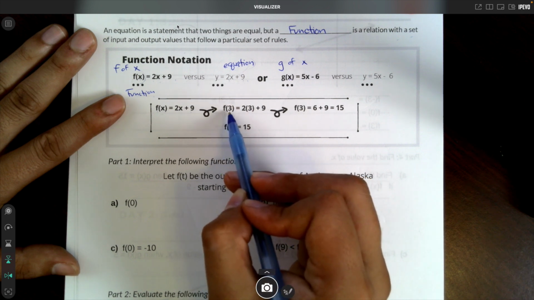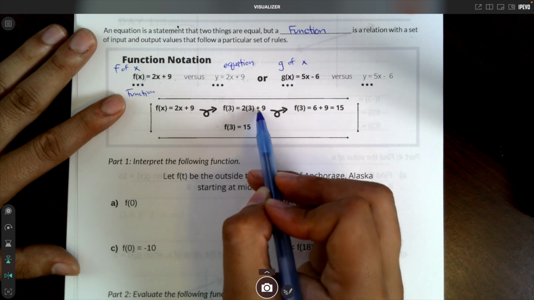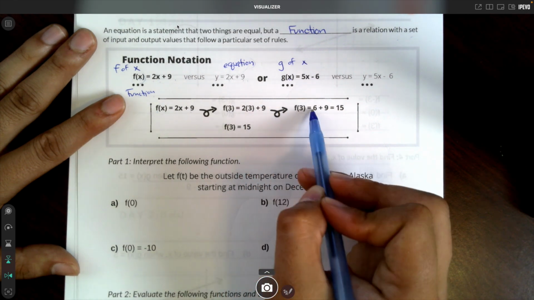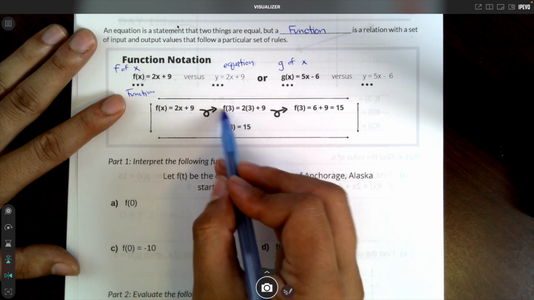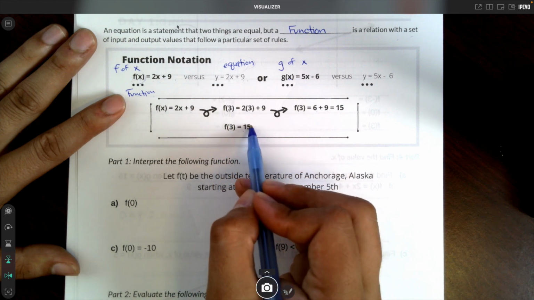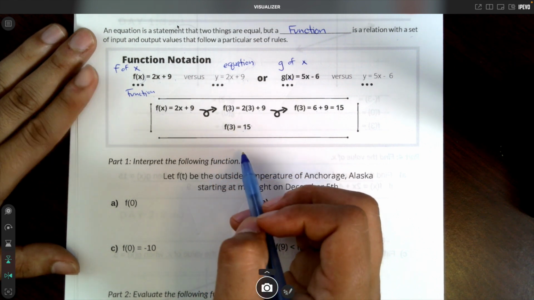So f of 3 is equal to 2 times 3 plus 9. 2 times 3 is 6, plus 9 is 15. So we say f of 3 equals 15. And that's the advantage of a function over an equation, meaning that we can tell it, hey, plug this in, tell me what's coming out.